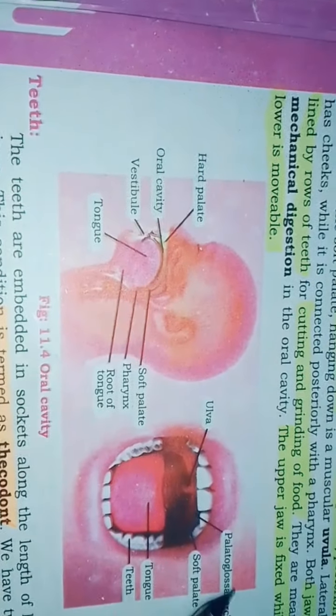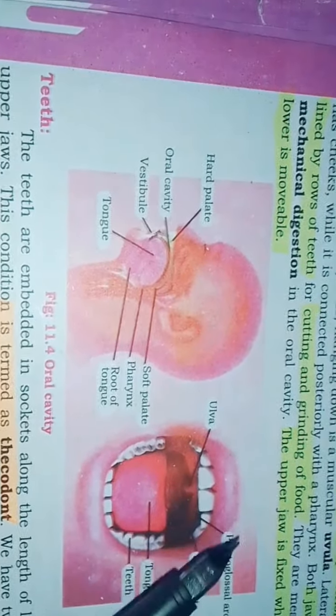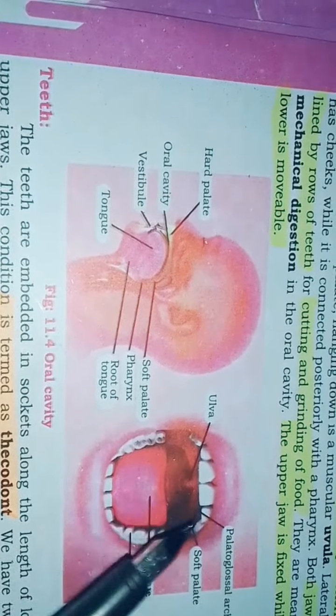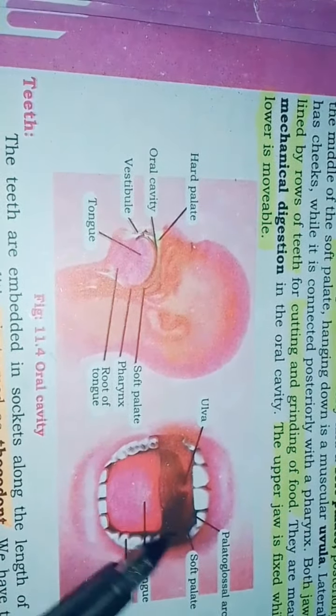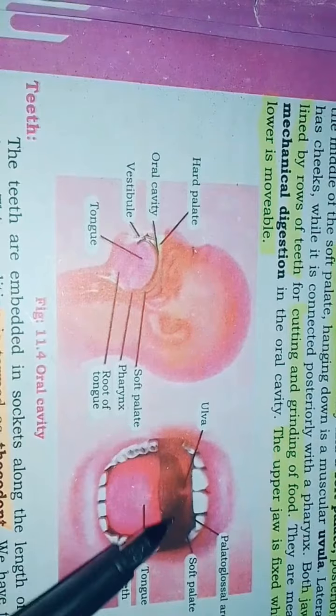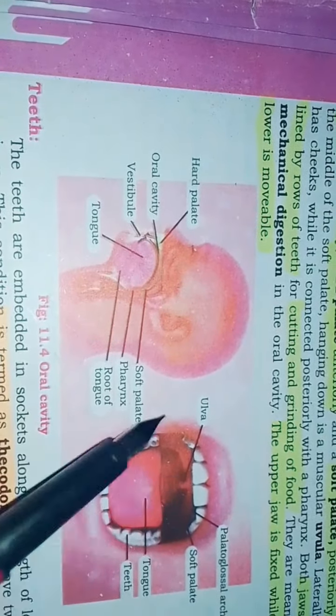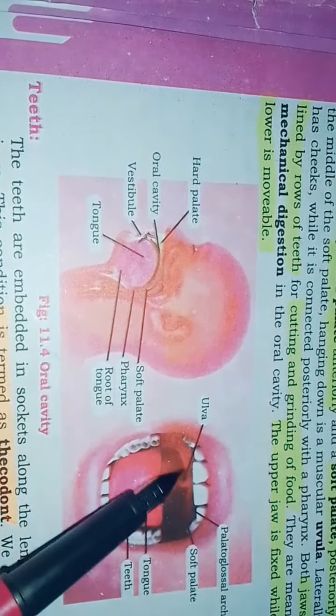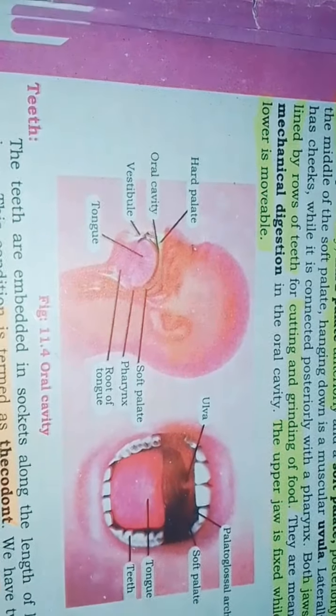So the hard palate is present on the roof of the oral cavity, and the soft palate is present where the uvula is present.